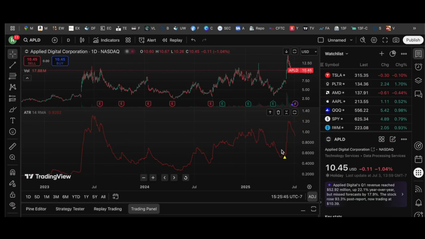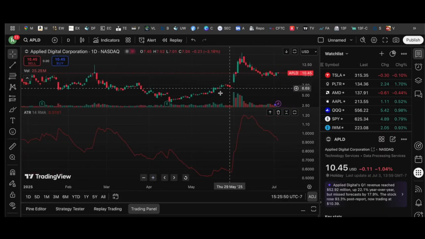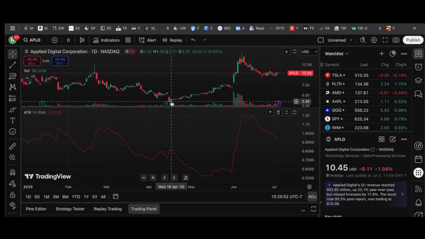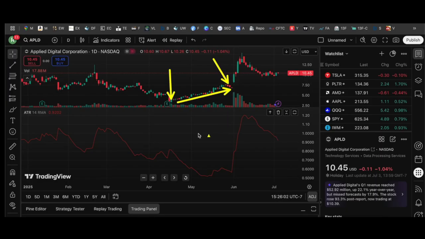And you can see, in the last rally that we had, if you guys remember, from about $4 somewhere in April, right there, 3.50 maybe, all the way to 7, this was melting up with low volume. Pay attention to the implied volatility.